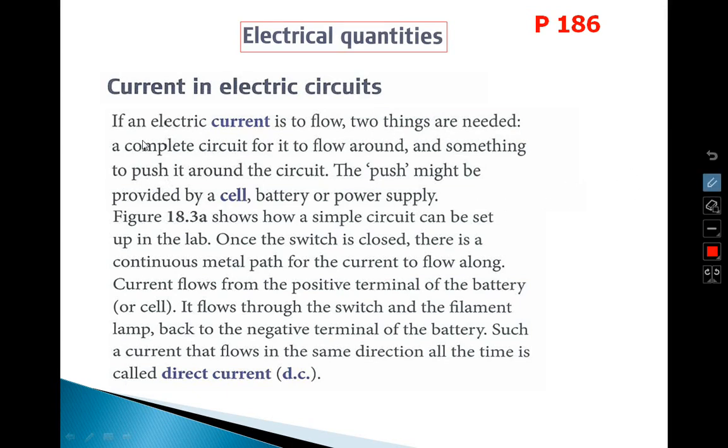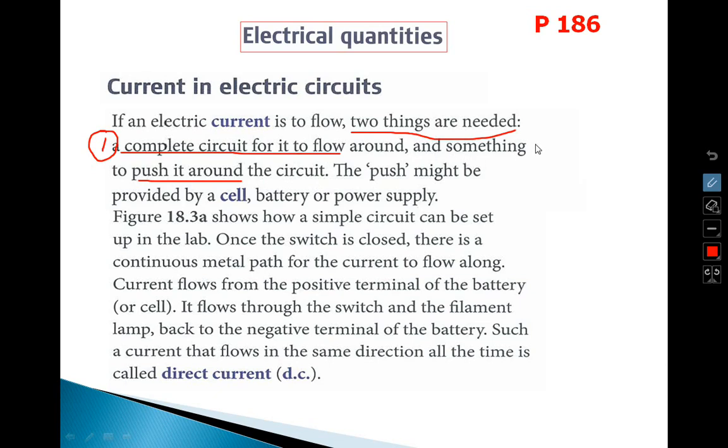As we mentioned before, for an electric current to flow in a circuit, two things are needed. First, a complete circuit for it to flow or to move around, and second, something to push it around the circuit.